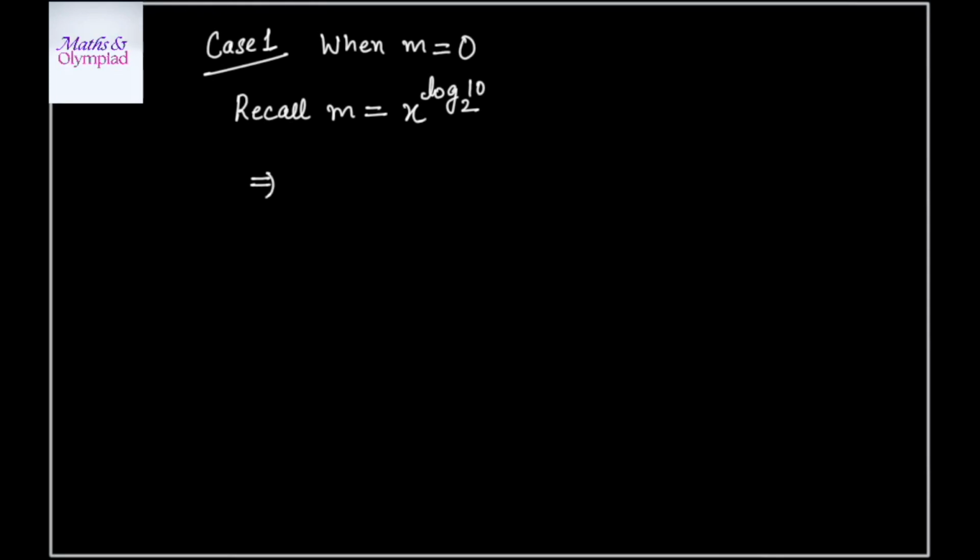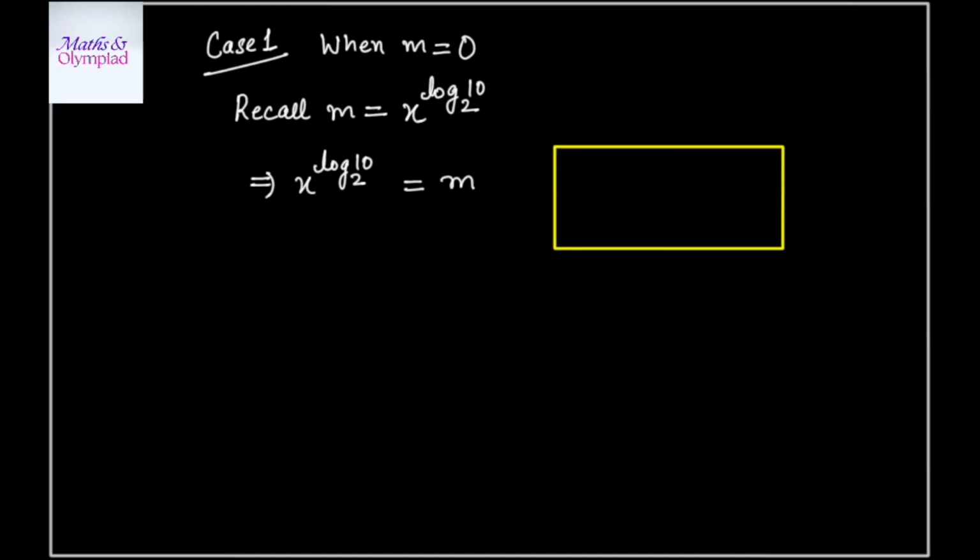So we can write x raised to the power log 10 to base 2 equal to m. Now I will use common logarithm law, which says a raised to the power log b to base c equal to b raised to the power log a to base c.